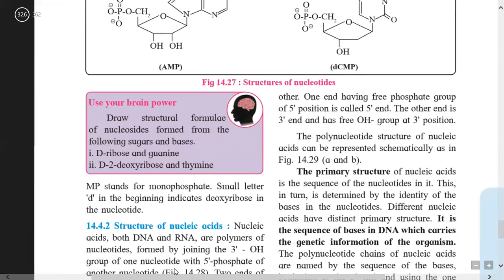MP stands for monophosphate, and the small letter d at the beginning indicates the deoxyribose nucleotide.